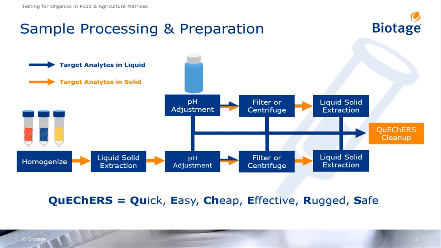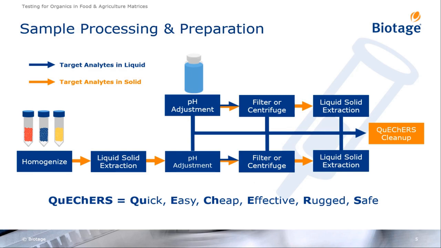Now, sometimes that requires multiple pre-treatment steps and even cleanup steps. And typically this is done by a process known as QueChERS. And QueChERS is an acronym that stands for quick, easy, cheap, effective, rugged, and safe.